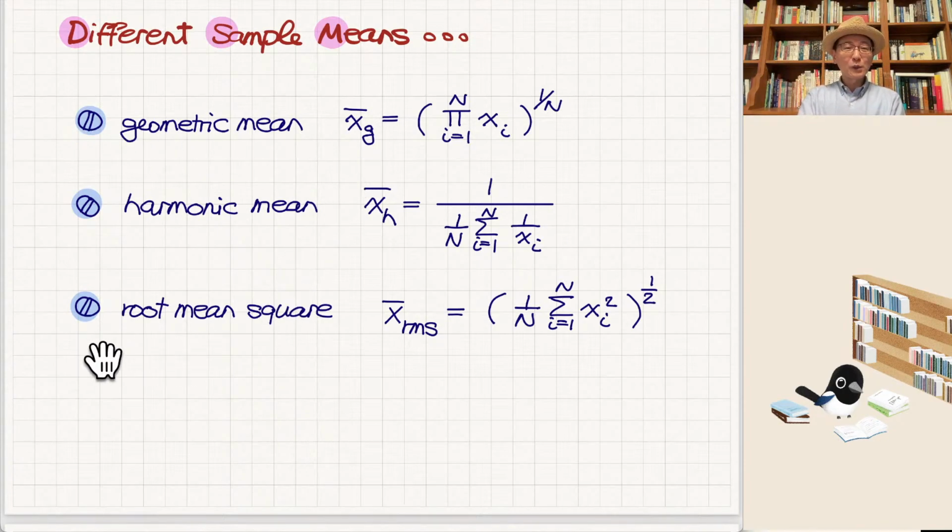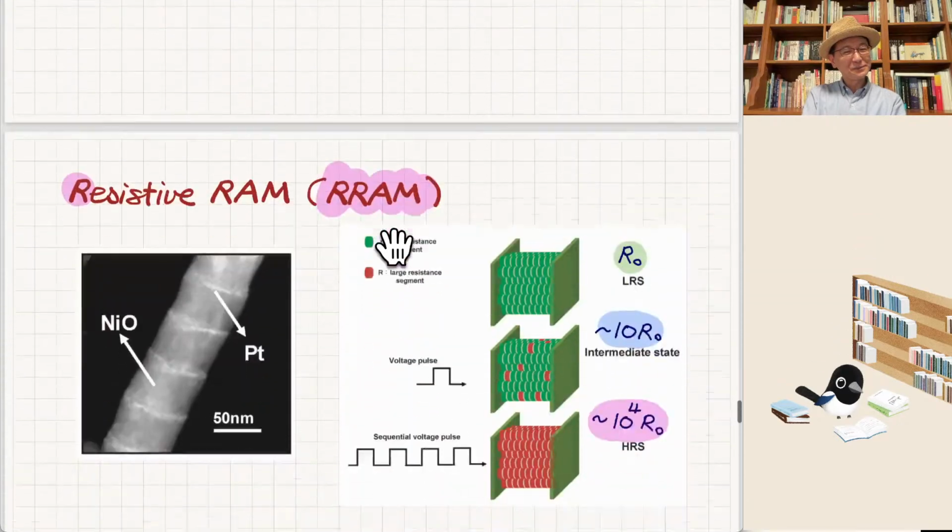We also know that when you study the velocity or speed distributions in an ideal gas, the root mean square is the right velocity to use. So what about the RRAM? It turns out the harmonic mean is the right one to use.